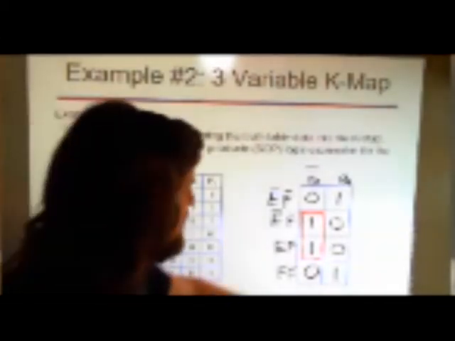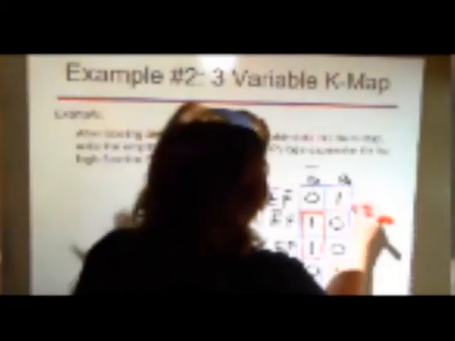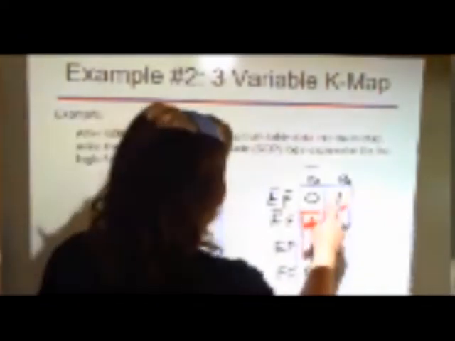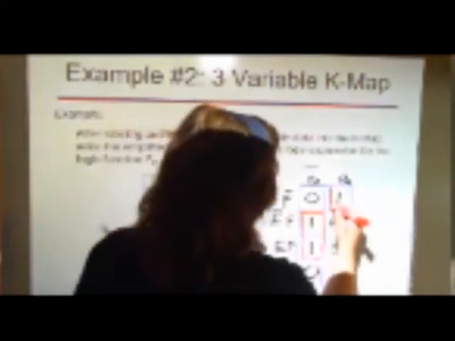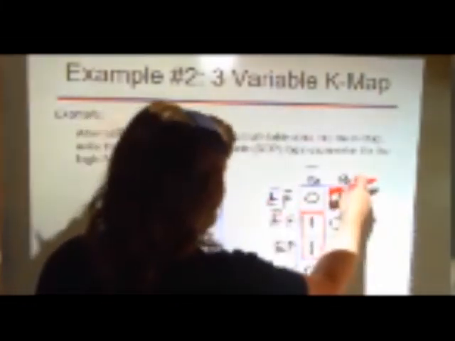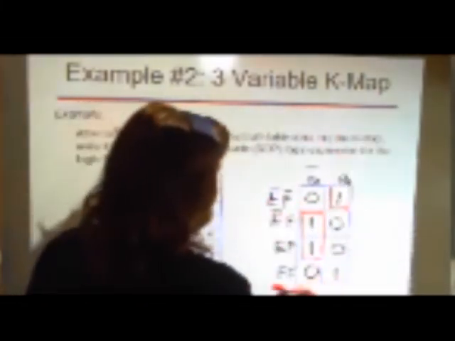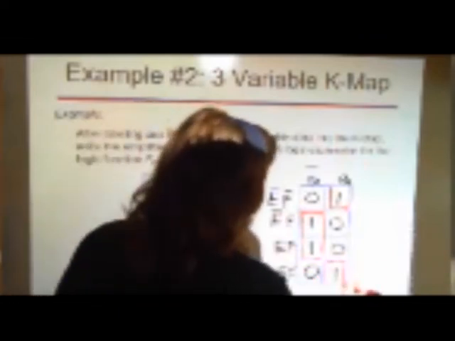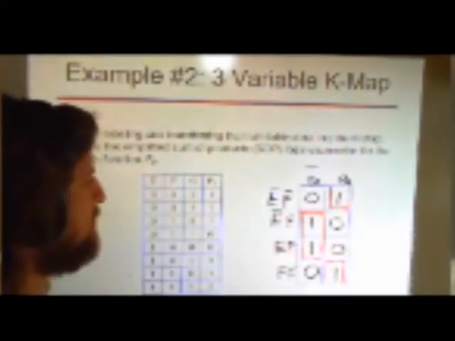And a common thing I see is people will say, oh, I can only circle 1 there. But if we wrap around from top to bottom, we have E naught F naught G, and then going around to the bottom, E F naught G. So only one thing changed, and we can do a circling there.